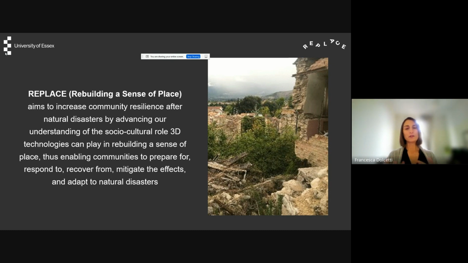By using the term 3D technologies, I mean that within the Replace project, we are developing VR experiences, mixed reality experiences, WebGL platforms, and also the use of 3D prints.